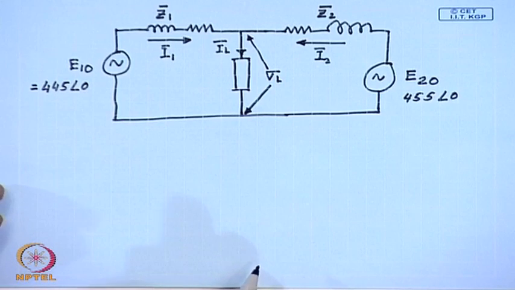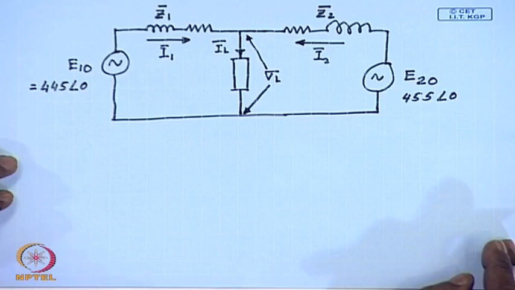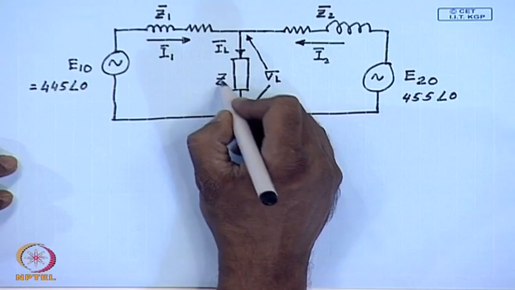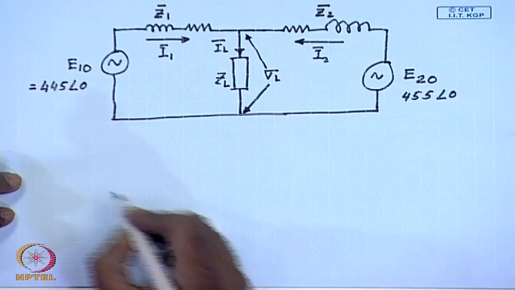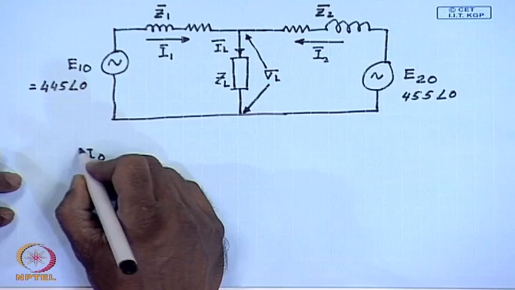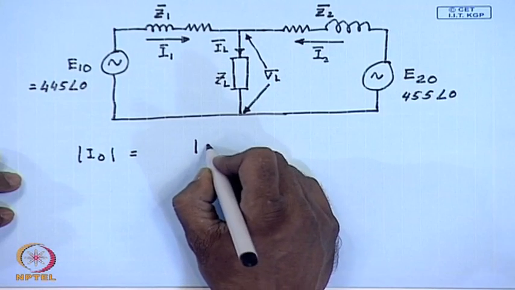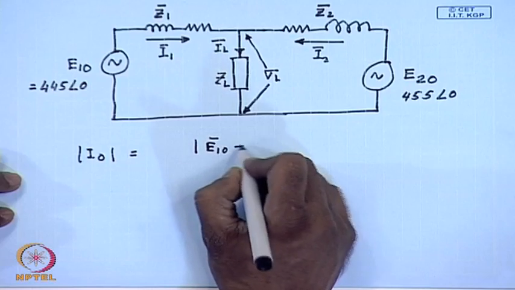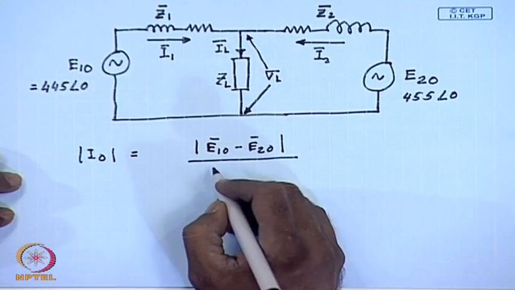Let us first find out the no load circulating current. In order to find that, we assume that the load branch is open, that is, the load is disconnected. Then obviously the no load circulating current I0, magnitude of I0 equal to mod E10 minus E20 divided by Z1 plus Z2.